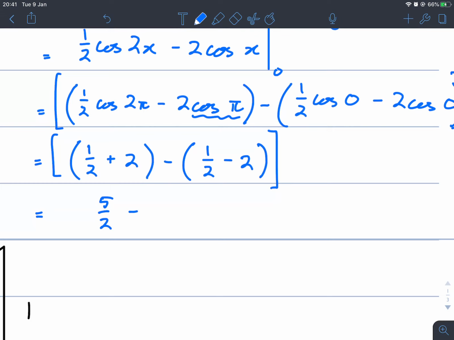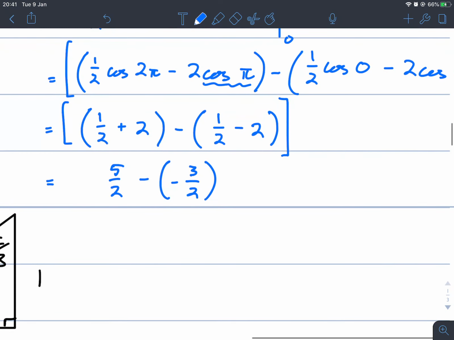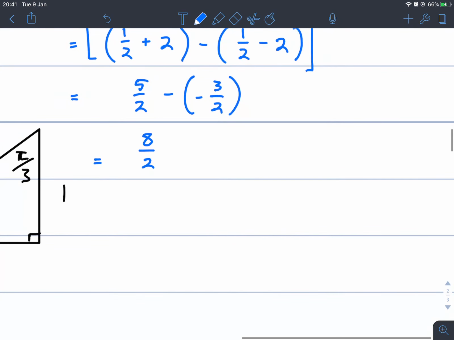So half minus 2 is negative 3 on 2. These two negatives become a plus, so this becomes 8 on 2, which is just 4 units squared.